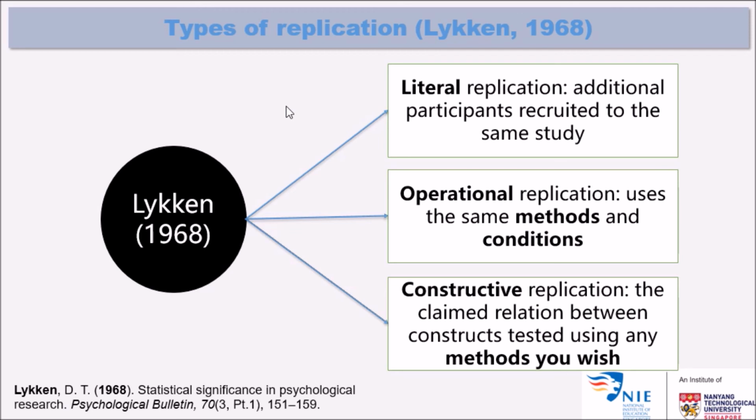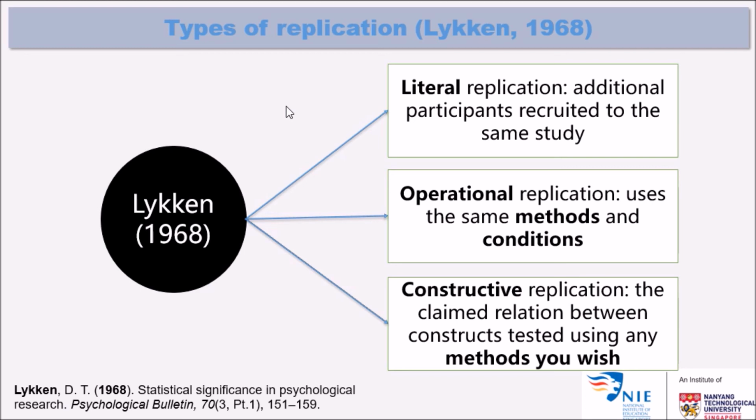Number 2 is operational replication, which uses the same methods and conditions and applies these methods and conditions to a different context. And finally, there's constructive replication, which doesn't necessarily use the same methods and conditions, but is interested in looking into the claimed relationships between the constructs or the variables that you have tested, but it uses different methods.